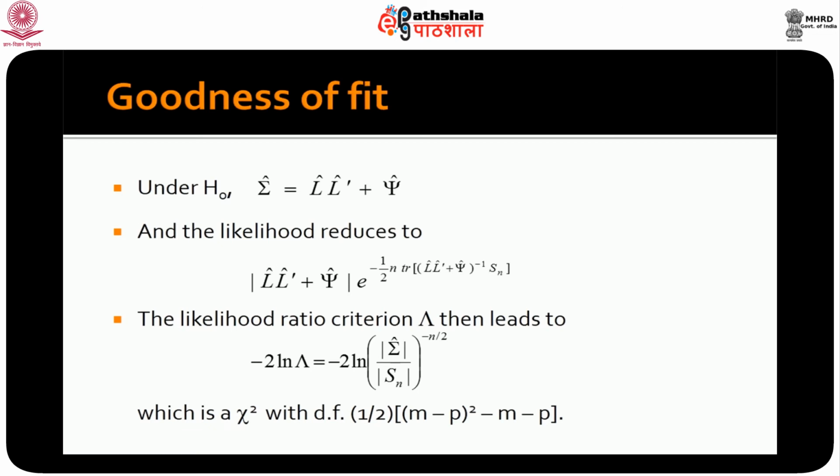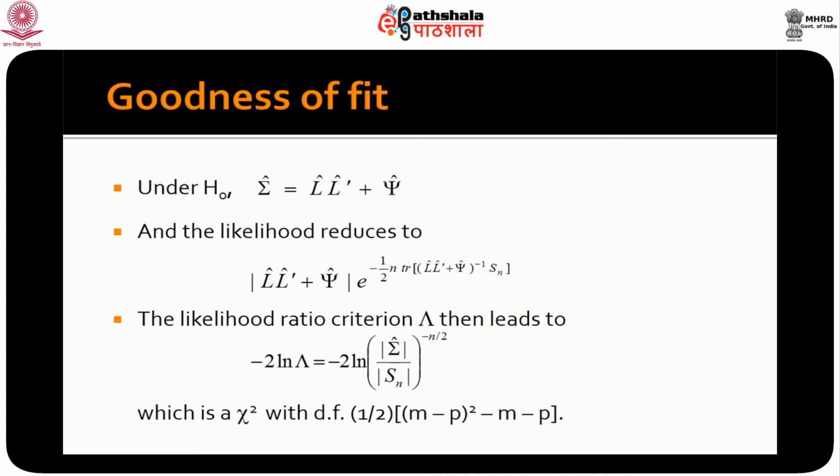So in total there would be m into m plus 1 by 2 unknown elements in sigma. What about under H naught? Under H naught, the number of unknown elements would be the number of elements in L, which is mp, plus the number of elements in psi, which is just the diagonal elements, which is m. So it's m into p plus 1.